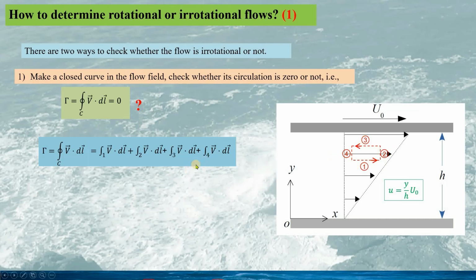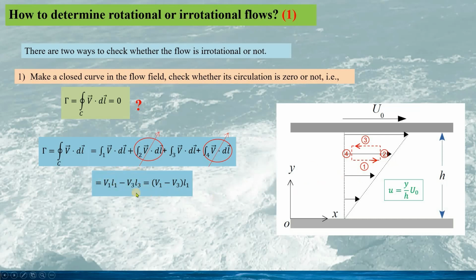So on the rectangle, we can calculate the integral on 4 different sides, 1, 2, 3, and 4. Since on sides 2 and 4, the velocity and the path line are perpendicular, these two integrals would be 0. While for side 1, the velocity and the path line are in the same direction, and on side 3, the velocity and the direction of the line are opposite. So we have the result of this.